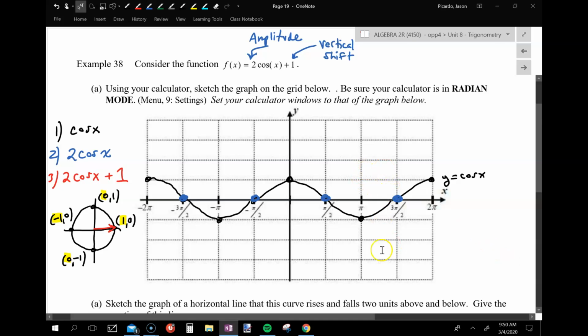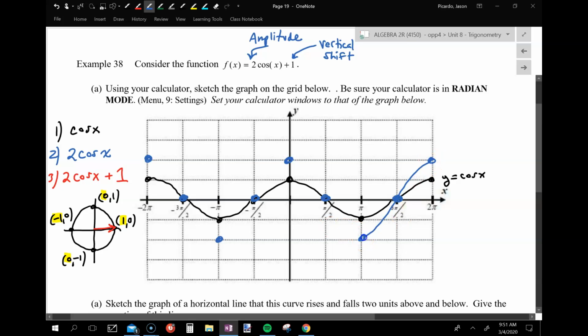Why do those not change? Because what are the y values of those? 0, and what's 0 times the amplitude? 0. Okay. This is 1, right? 1 times the amplitude is 2. This is -1. -1 times the amplitude is -2. And then +2, and then -2, and then +2.